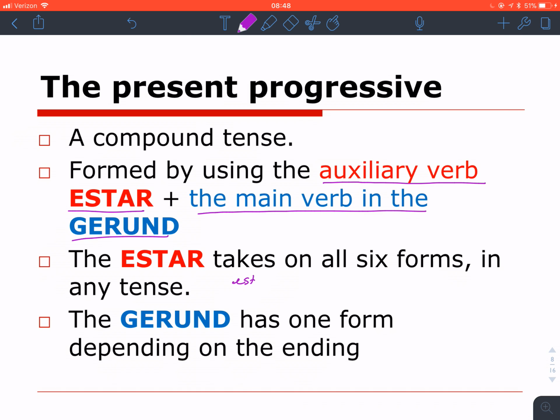So it's estoy, estás, está, estamos, estáis, están. And the gerund only has one form, depending on the ending, but every verb in Spanish has a gerund form, just like every verb in Spanish has an infinitive form.